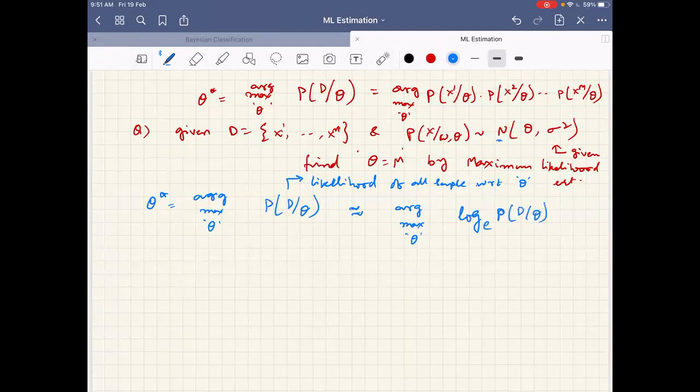So this is referred to as what? Log likelihood. Instead of maximizing likelihood, people maximize the log likelihood. And in its simpler notation, people refer to this as L of theta.